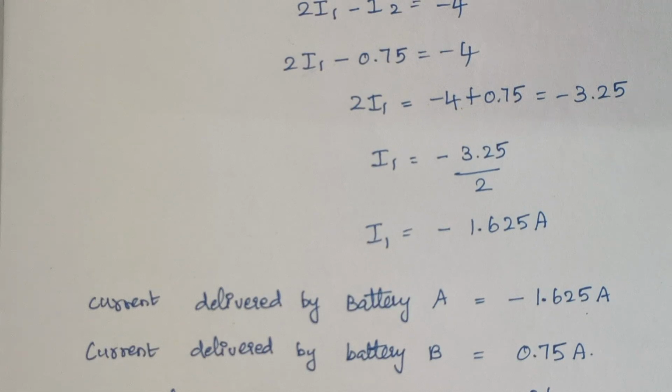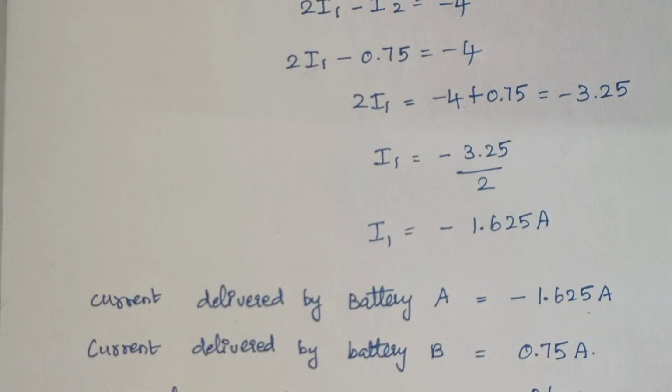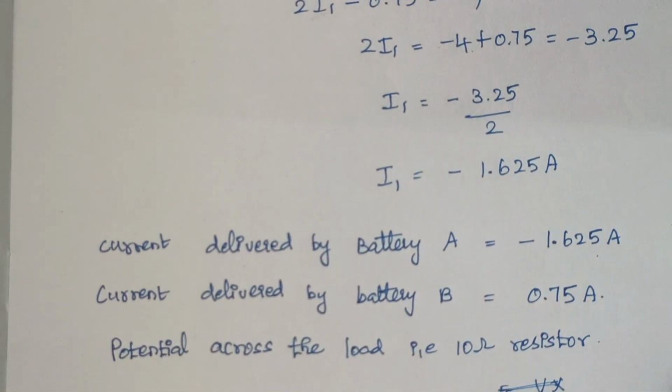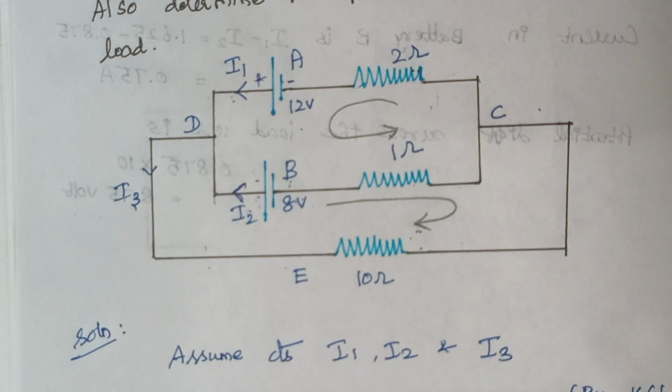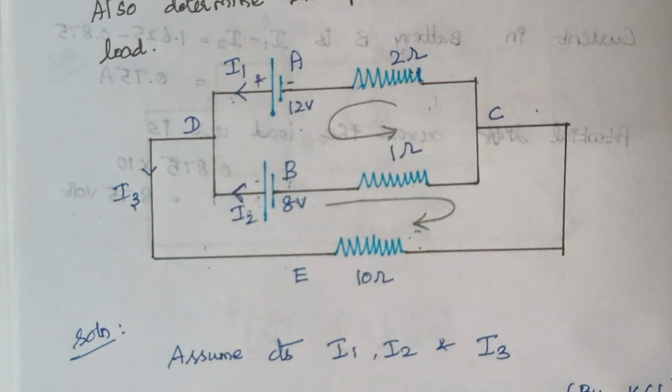And the next thing is we have to calculate the potential across the load resistance, right? The voltage across 10 ohm: the current flowing through this load of 10 ohm is I3, right?